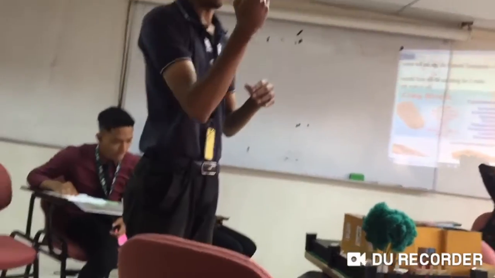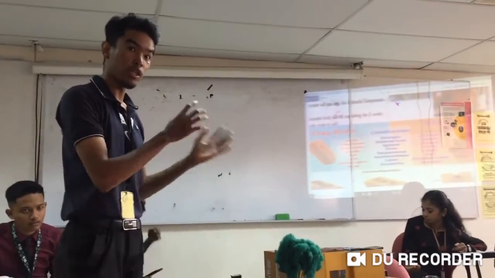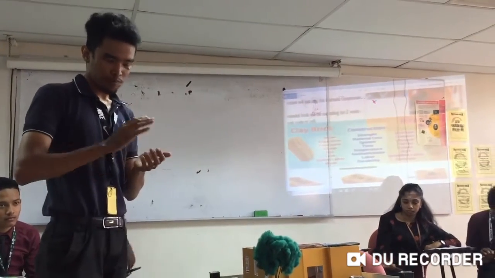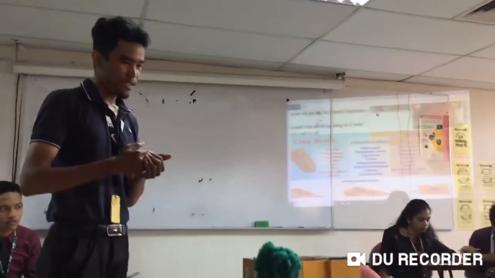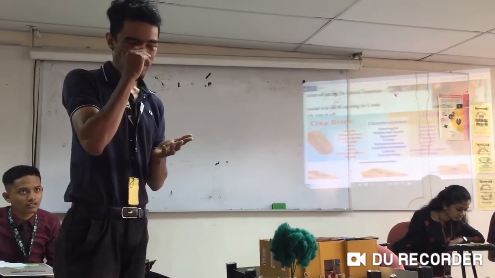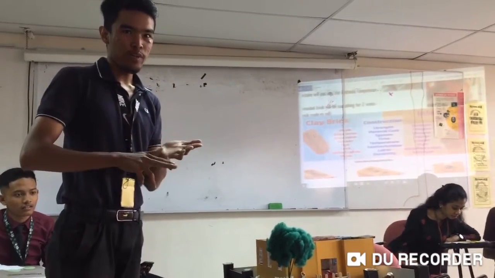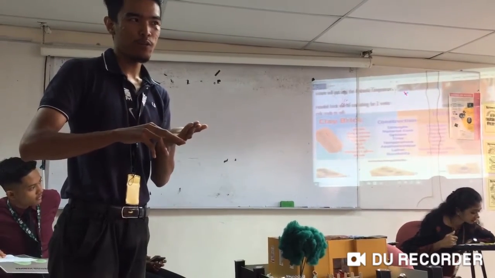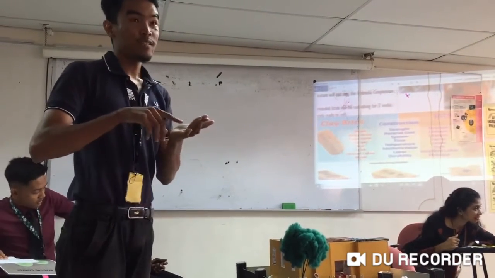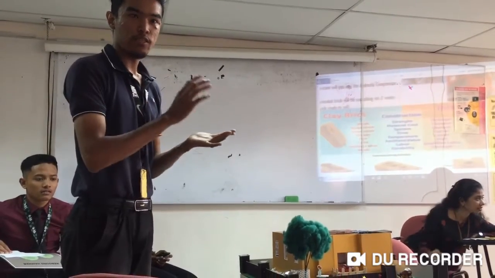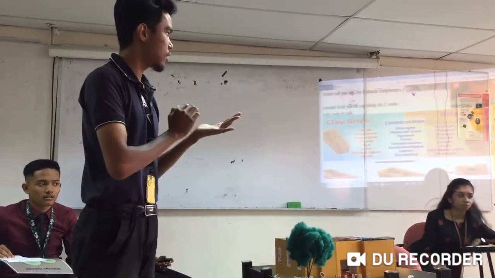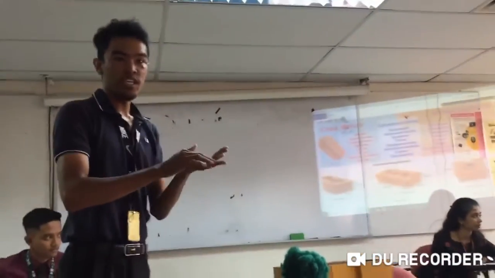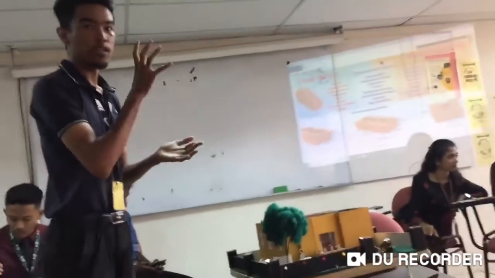So the price will be low compared to ordinary brick. Sorry, madam. The price of ordinary brick is cheaper per piece, but we need more ordinary bricks to build a house.